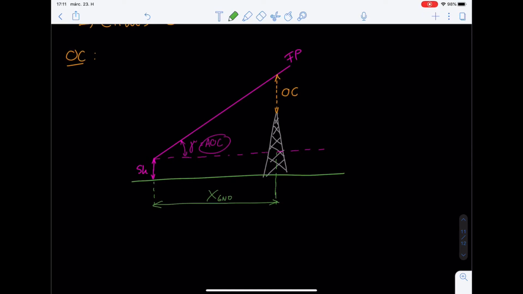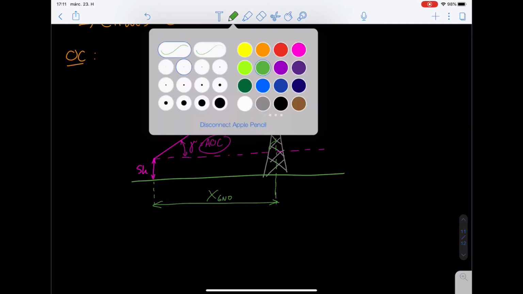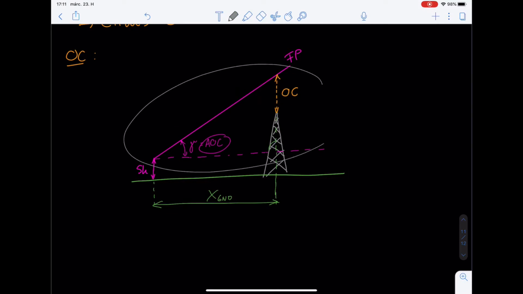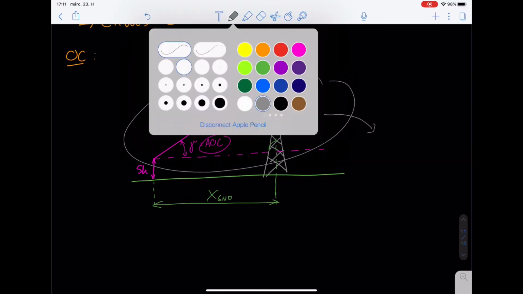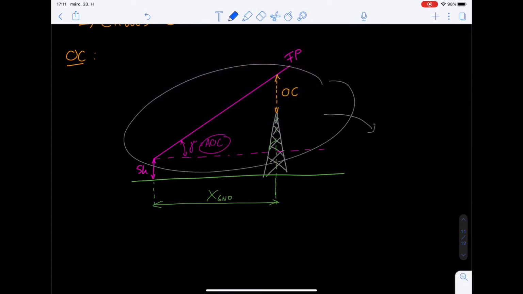Because if you look at it, this whole problem, let's use another color to make it visible, can be modeled by a triangle at right angles, right?